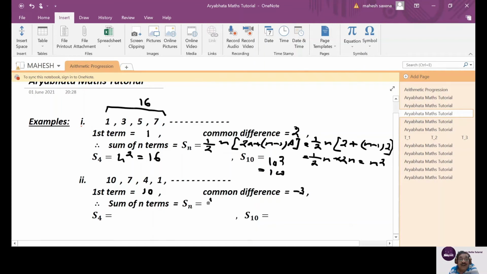Therefore, Sn is 1 upon 2n into 2a plus (n minus 1)d, that is 1 by 2 n, 2a is 20, plus (n minus 1) into minus 3, that is 1 by 2n into (20 minus 3n plus 3), or minus 3n plus 23.